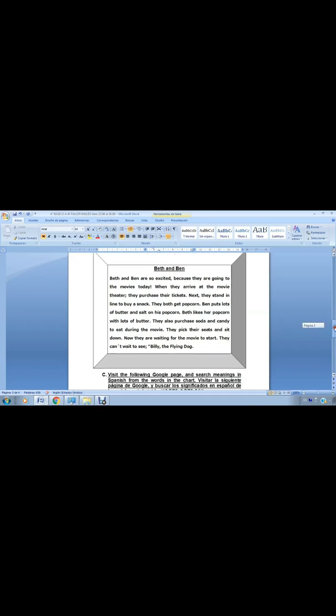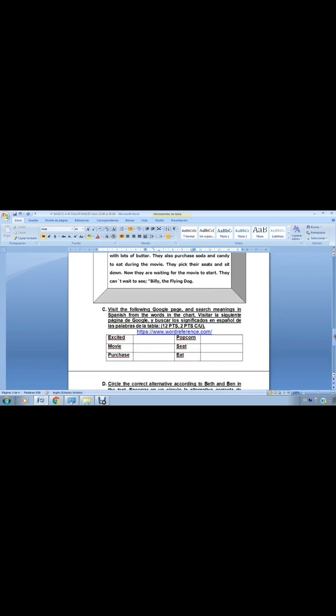Let's continue. Vamos a continuar with exercise letter C. Ejercicio letra C. That says, que dice, visit the following Google page and search meanings in Spanish from the words in the chart. Visitar la siguiente página de Google y buscar los significados en español de las palabras de la tabla.